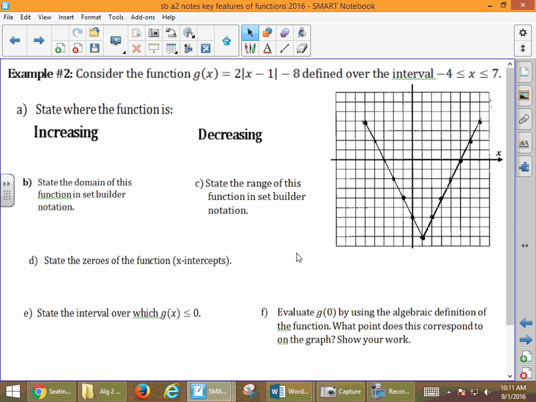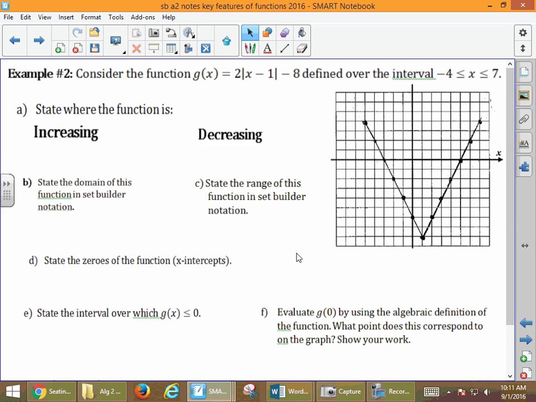What I sometimes say is we went down, down, down, down, and then we got to the very bottom, and then we went up, up, up, up. If you wrote down the notes yesterday, we said we were going downward or upward, and that corresponds to increasing or decreasing.